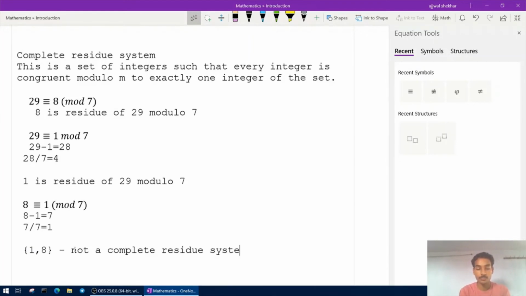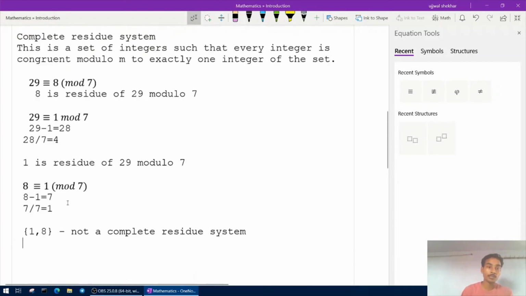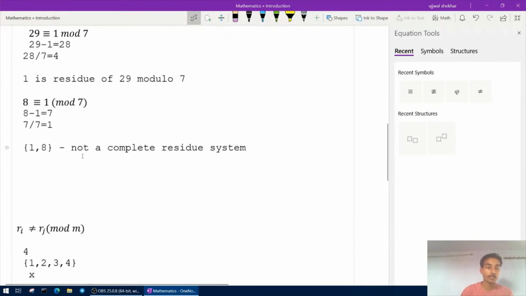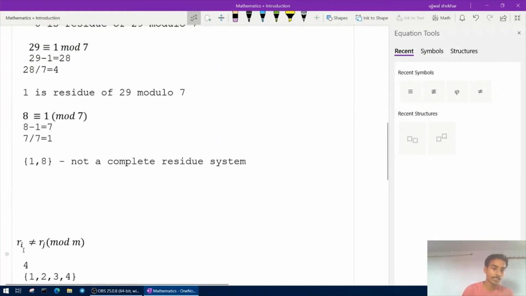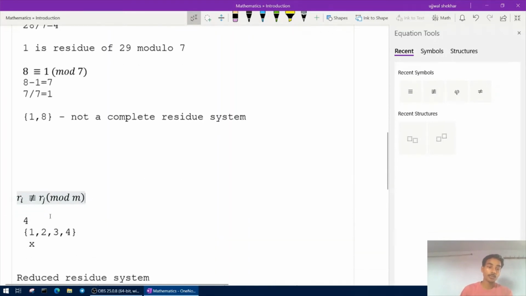This is how we have to understand what a residue system is. Again, you can see this is not equal to this, incongruent. So if this is followed, then obviously you can say this is a complete residue system.